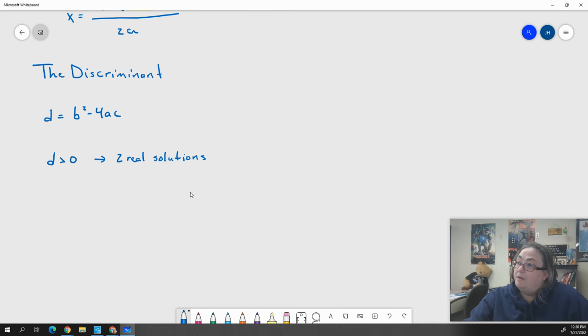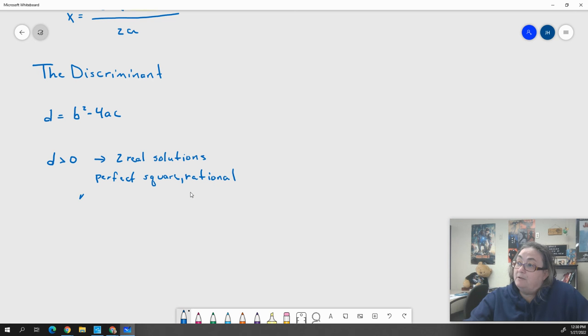If the discriminant is a perfect square, this is sort of like a subcategory, then we would know that they are also rational solutions, right?